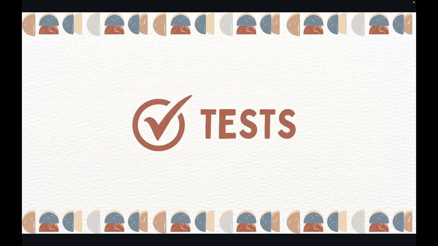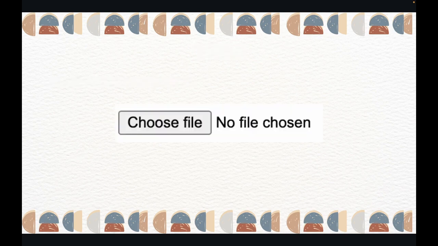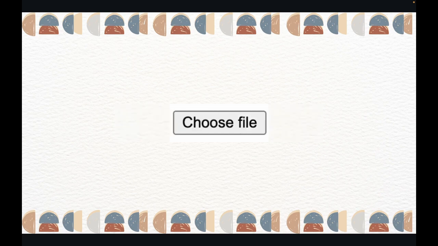But wait, since this is a challenge, I would have to tell you what makes a solution acceptable. First thing, it should look like a button. The default HTML button doesn't look very nice. I don't want to see the no file chosen placeholder.